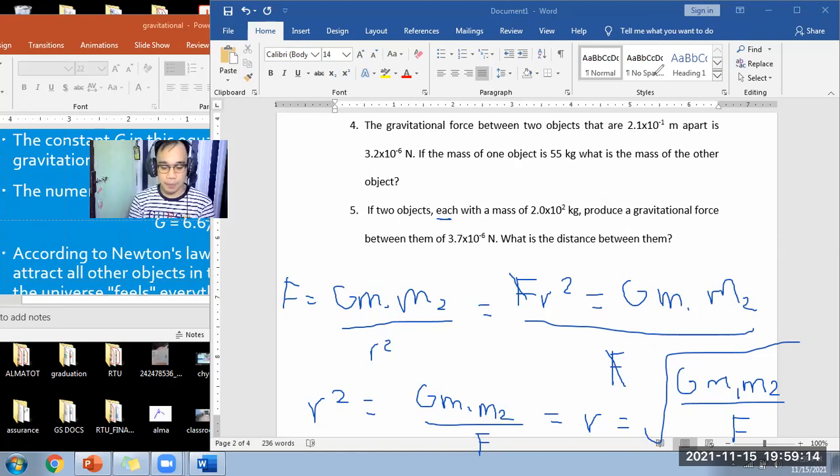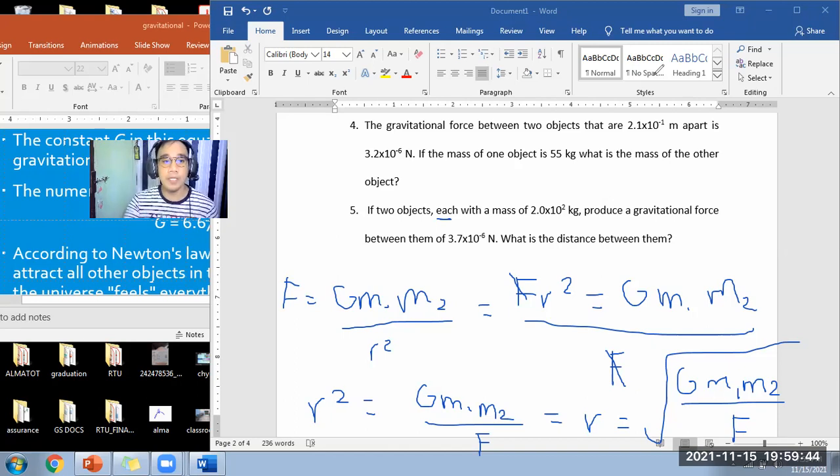So 6.67 raised to negative 11 times 2.0 raised to 2 times 2.0 raised to 2. Divide daw siya sa 3.7 with the negative exponent of 6, then square root yung answer.